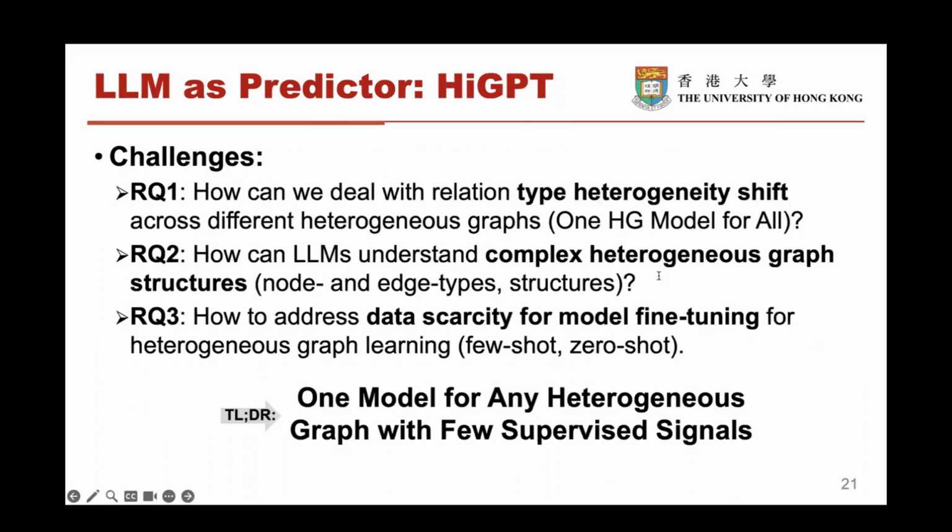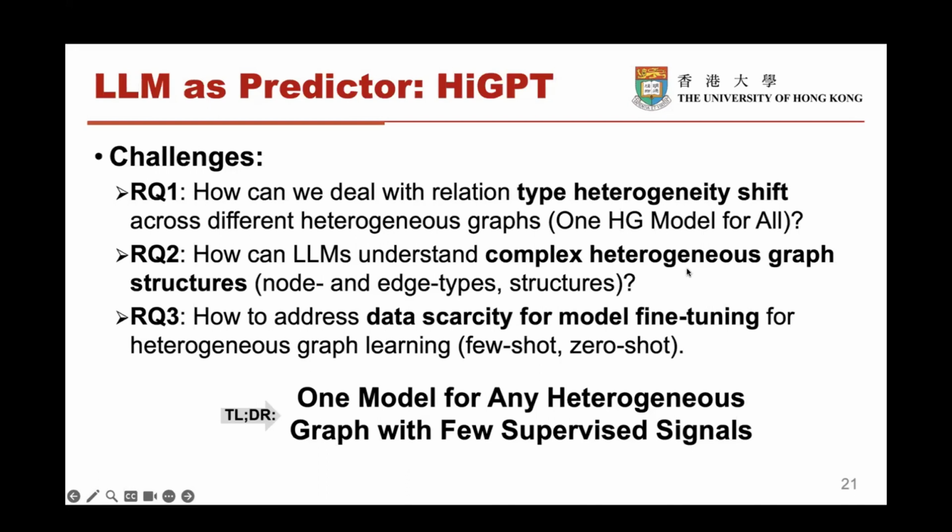And the motivation of our HiGPT is to combine heterogeneous graphs with LLMs to enable LLMs to directly conduct heterogeneous graph learning tasks. But we found some unique challenges. The first challenge is, how can we deal with relation type heterogeneity shift across different heterogeneous graphs? For example, in a citation heterogeneous graph, the node types may be author, paper, and conference.